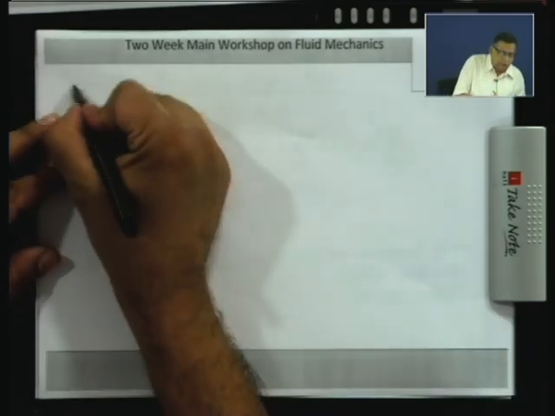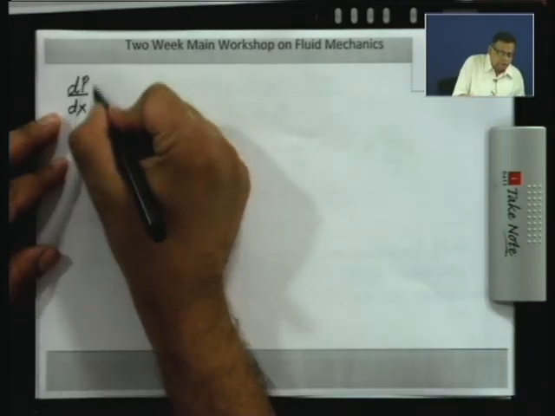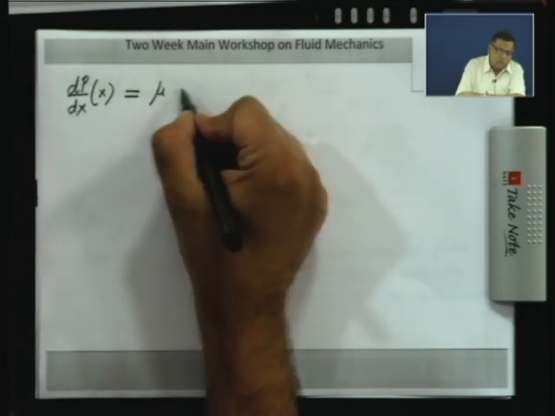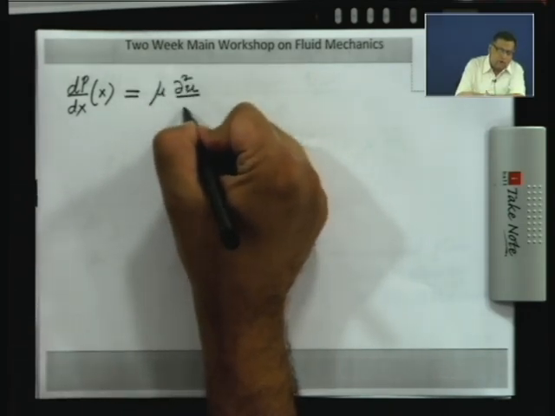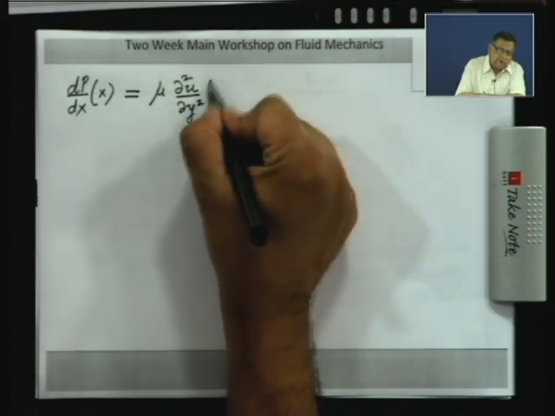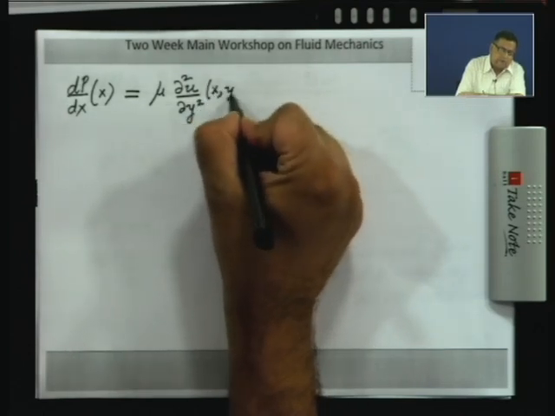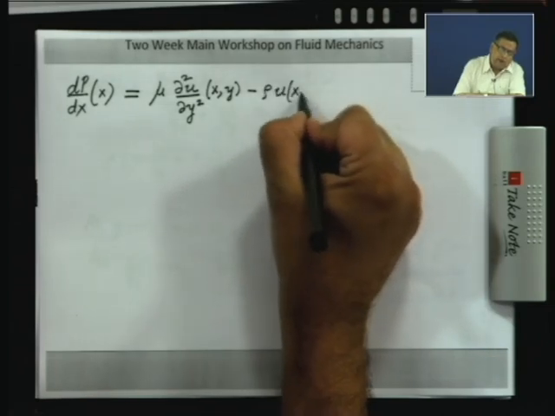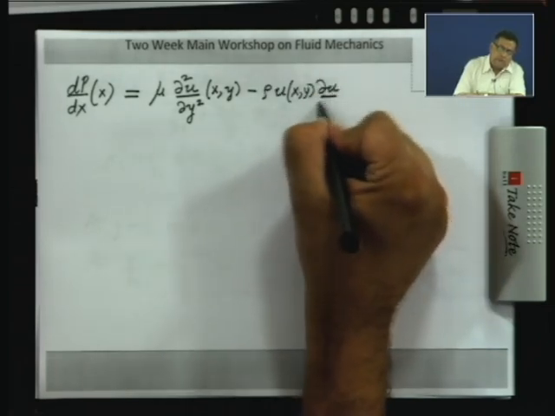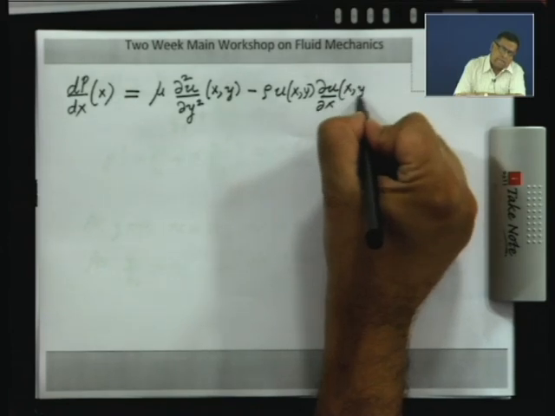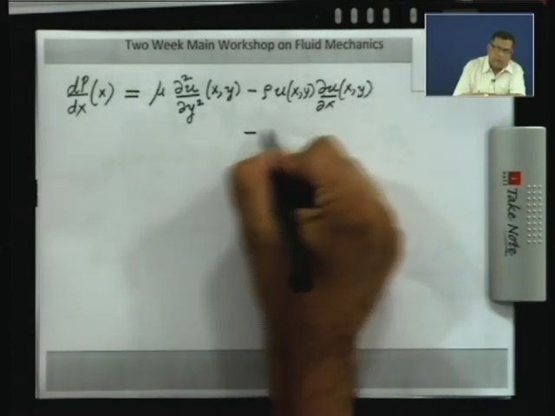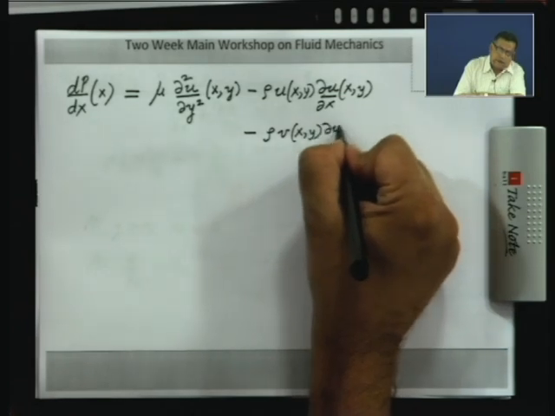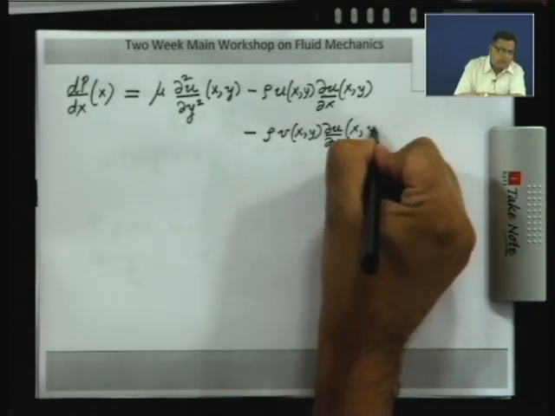So, we will write the momentum equation as dp dx, which is a function only of x, equal to mu into del 2 u del y squared of x comma y, this is in dimensional form, minus rho u of x y del u del x of x y, minus rho v of x y del u del y of x y.